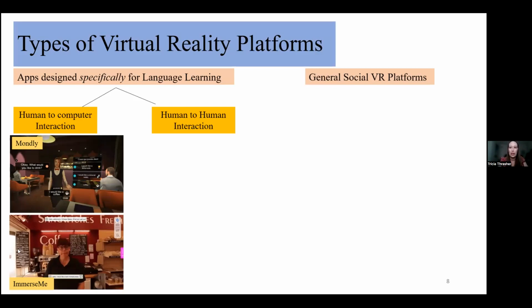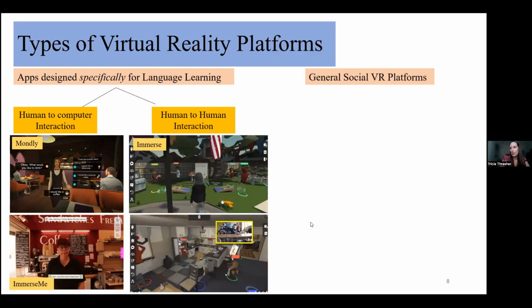One thing that's really nice about it is they've recorded all of their interactions in actual real locations in the target country or countries of the language the students are learning. Essentially the way these work is the student puts on a headset, gets in the app and interacts with an AI computer bot. So I think it's better for lower level students who are still practicing those scripted interactions like ordering a coffee or buying something at the store.